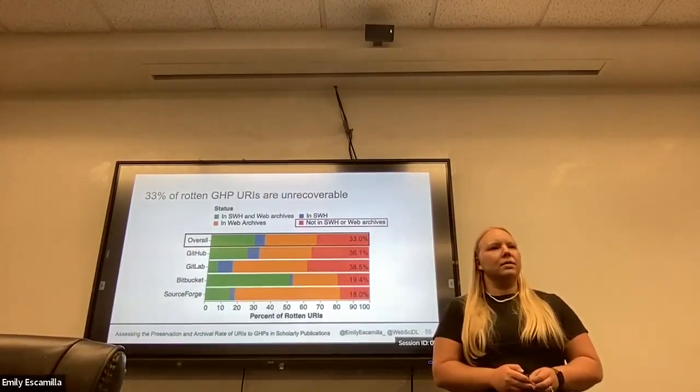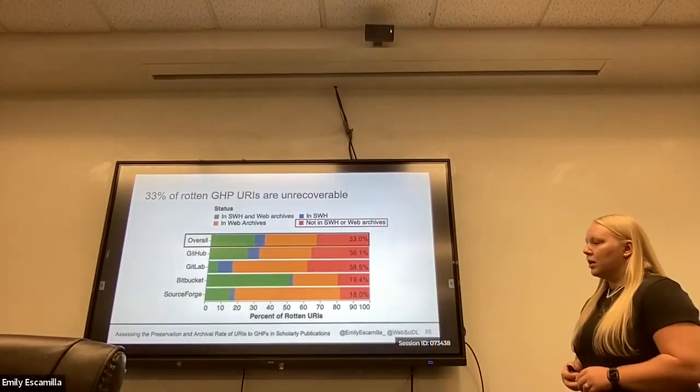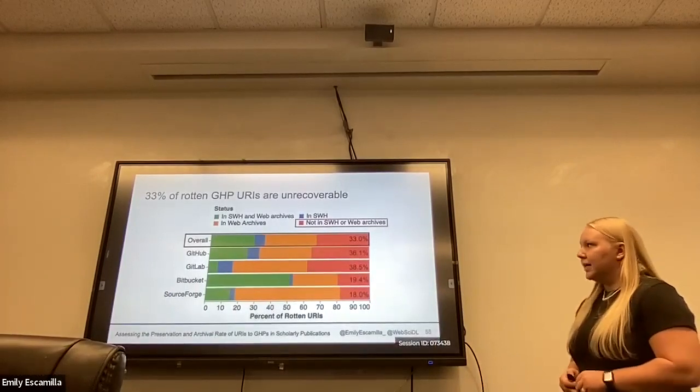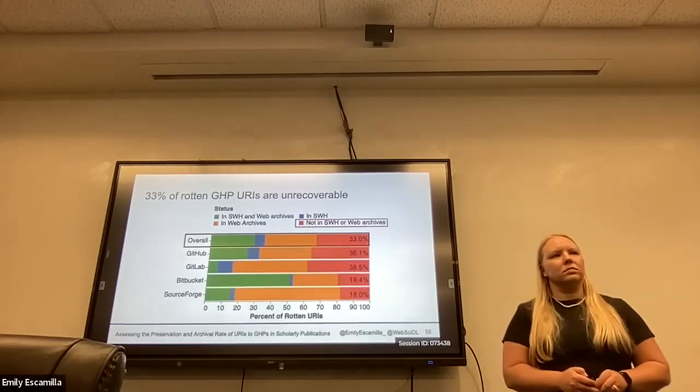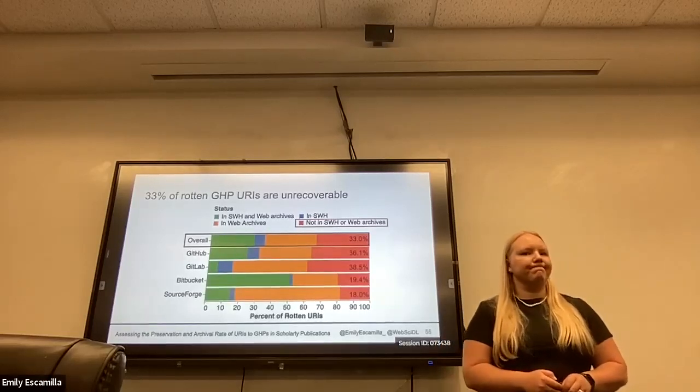GitHub has the highest one, and I'm kind of surprised that GitLab has the highest, considering the volume on GitHub compared to the other platforms. Was there a specific reason why GitLab had a higher percentage than the others?